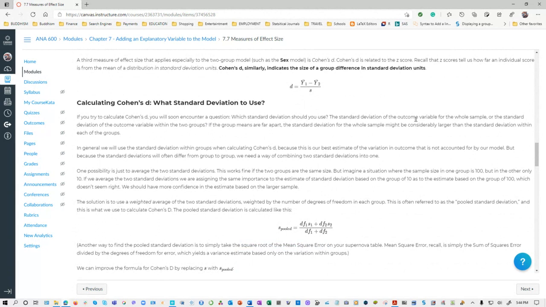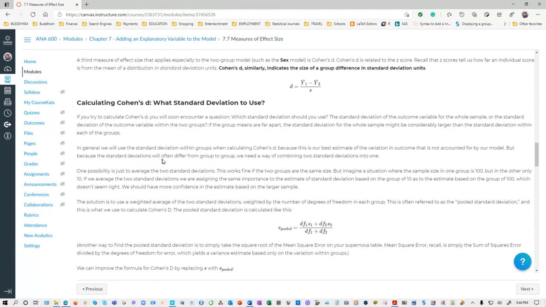The standard deviation of the outcome variable for the whole sample, or the standard deviation of the outcome variable within the groups? If the group means are far apart, the standard deviation of the whole sample might be considerably larger than the standard deviation within each group. In general, we use the standard deviation within groups when calculating Cohen's D, because this is our best estimate of the variation in outcome that is not accounted for by our model.